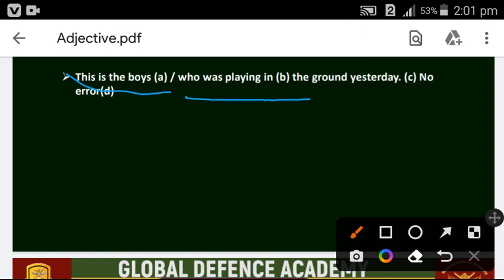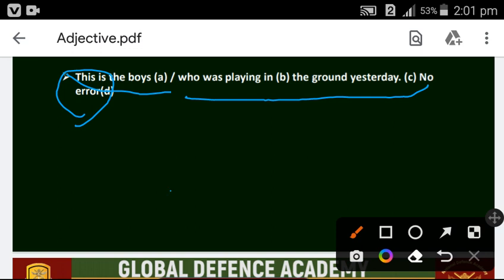This also comes under demonstrative adjectives, and on the basis of the previous slide, you can say that this takes a singular noun or singular verb.